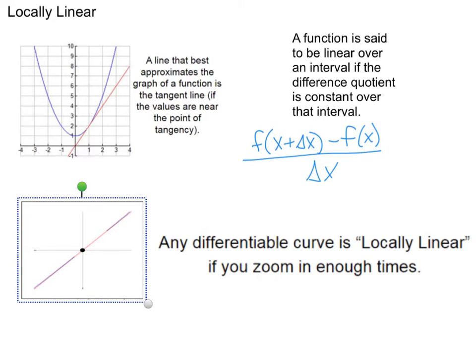So that's what's being called locally linear. If you zoom in enough times, if it's differentiable, which means it's continuous and every point exists here, you're going to be able to see that this turns into a straight line.